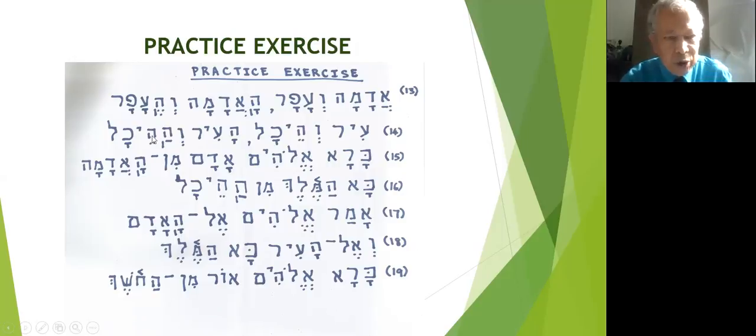According to another grammatical rule governing the vowels that are under the definite article, when the definite article comes before a word that begins with the guttural letter hey, then because this is a harsh guttural, there is no need to lengthen the vowel from pathak to kamatz. This is considered a soft guttural, so there is a need to lengthen the pathak to kamatz.